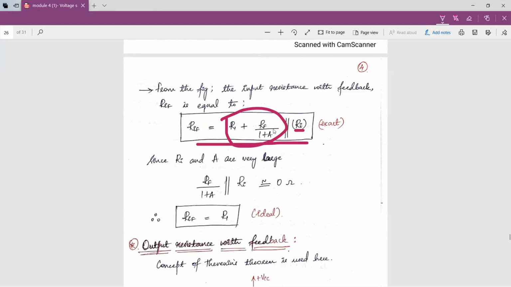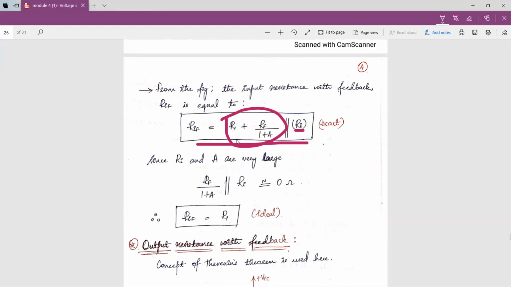Whereas this Ri is very large, so the parallel combination of these two resistances, wherein one of them is very small and the other is very large, will yield a value 0. So this component is almost equal to 0.